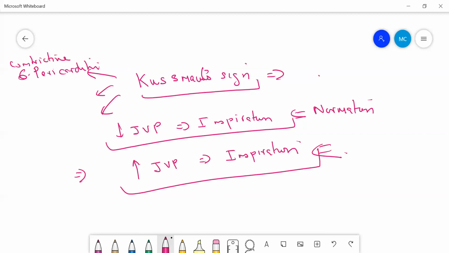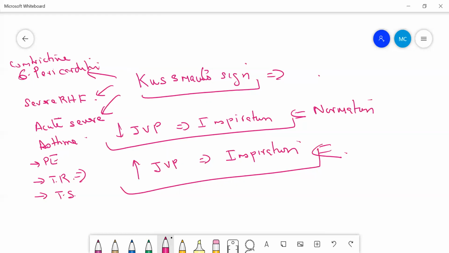restrictive cardiomyopathy, severe right heart failure, acute severe asthma, and any condition mainly affecting the right side of the heart. Also pulmonary embolism, severe tricuspid regurgitation, and even tricuspid stenosis.